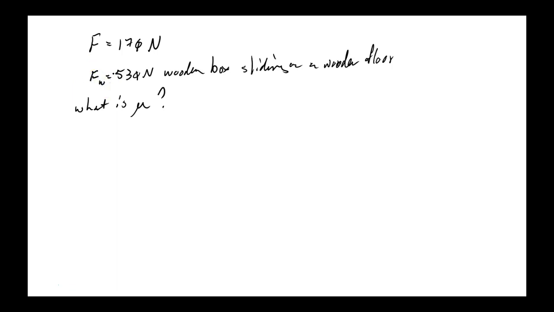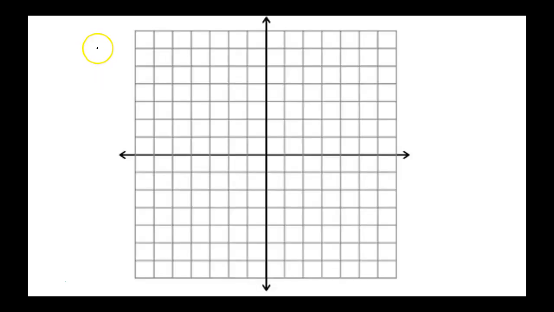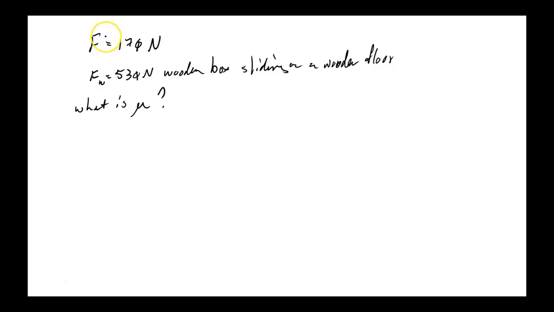Now, this is a force necessary to keep it moving across the floor. Needed to keep it sliding on the floor. So guess what that is? That's the force you're having to pull to overcome sliding friction.